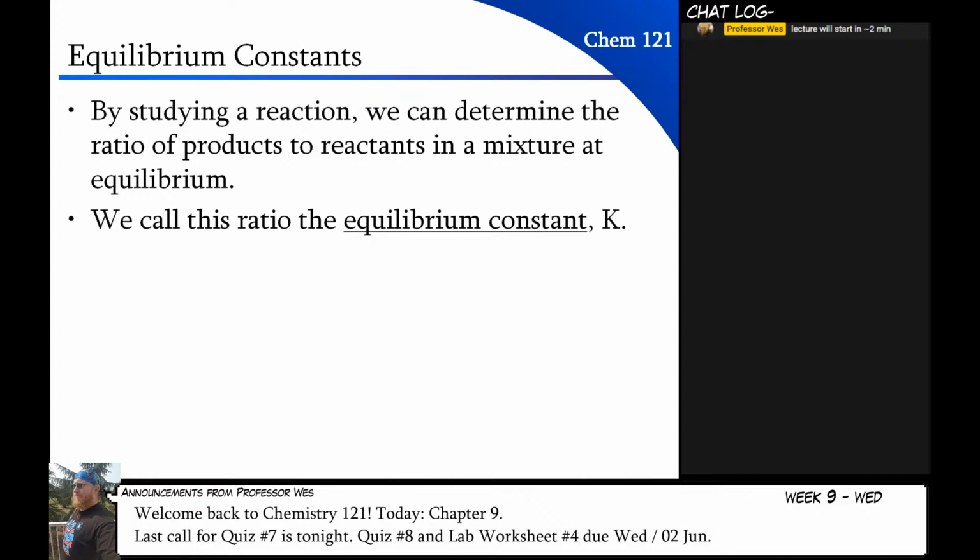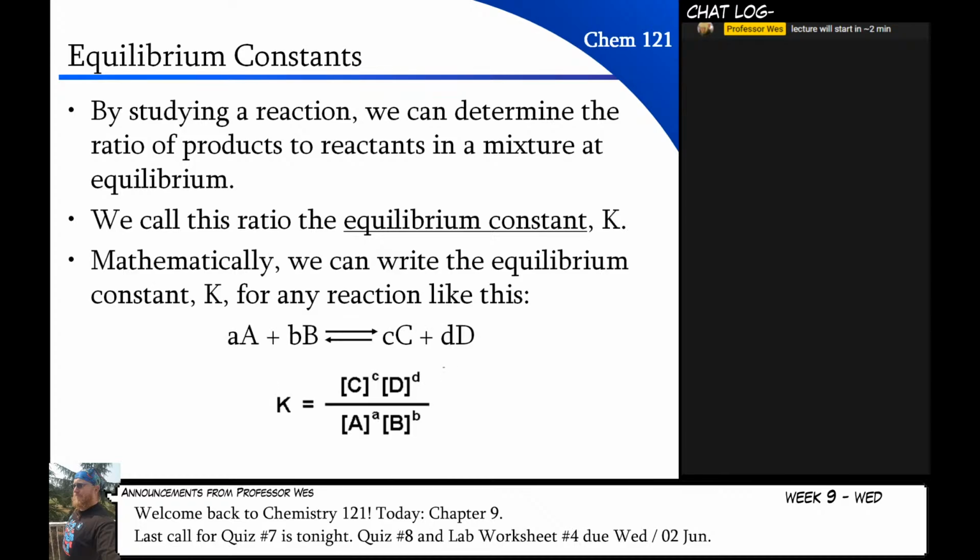Now, we can look at the ratio of products to reactants in an equilibrium mixture and assign it a number. And the number that we're going to assign it is the equilibrium constant, K. Now, K is a really scary definition that we're not going to worry about. My slides are going to talk about it, but we're not going to worry about it. How do I define K?